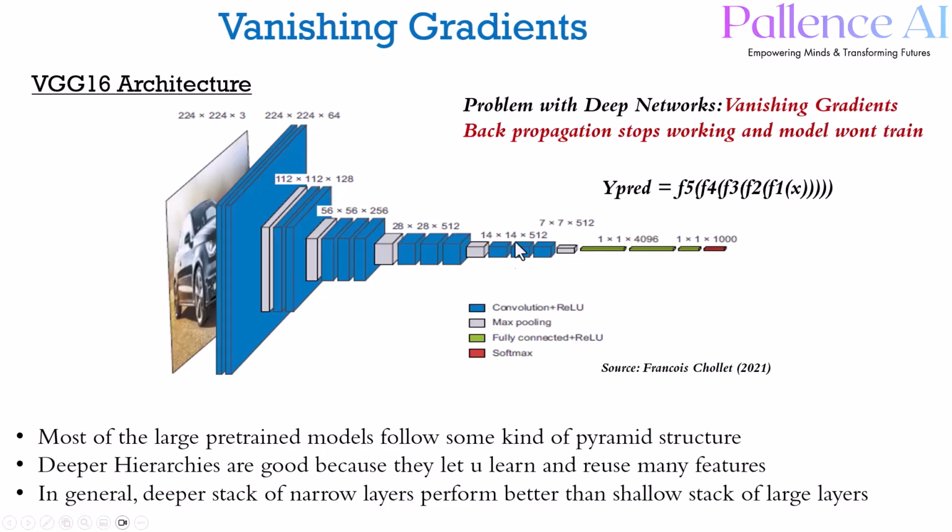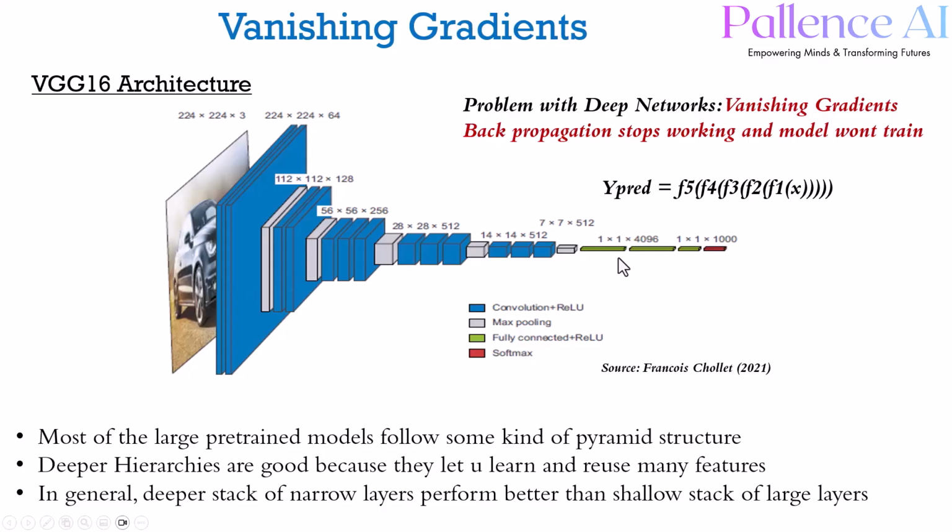With this kind of chaining or stacking, it becomes very difficult for the error information to propagate. Let's say the final loss function is the error between Ypred and the actual Y. The gradients of this error become very difficult to propagate throughout the network when you have a very deep chain of layers. Why is that?